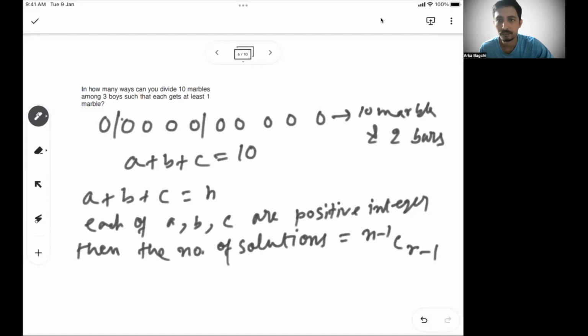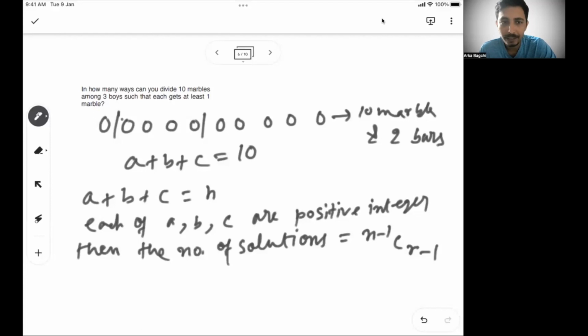Okay. So each of A, B, C are positive integers. Positive, why positive? Because each of them has to get at least 1. So A number of marbles to one person, B number of marbles to another person, C number of marbles to another person.